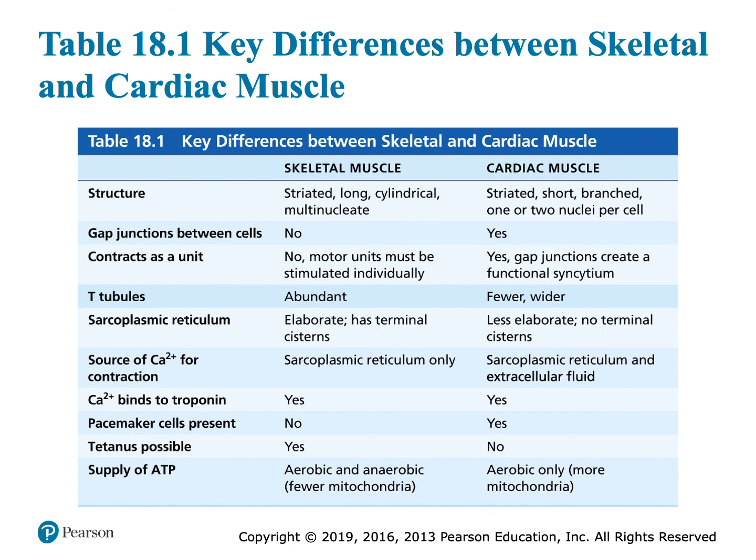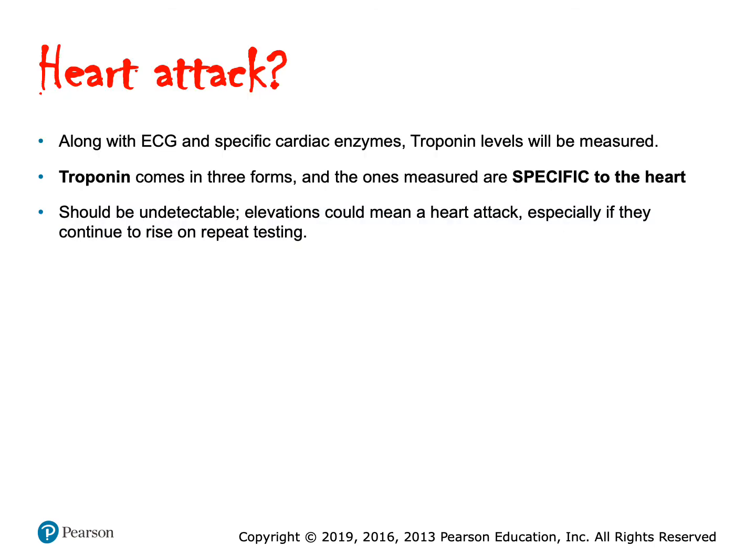Comparison. I mentioned this one earlier. We have different forms of troponin, but the one for the heart is very specific. So when you have somebody getting their troponin levels checked after they've had chest pains, they're specifically checking to see if any of the heart muscle cells have let go of their own troponin.